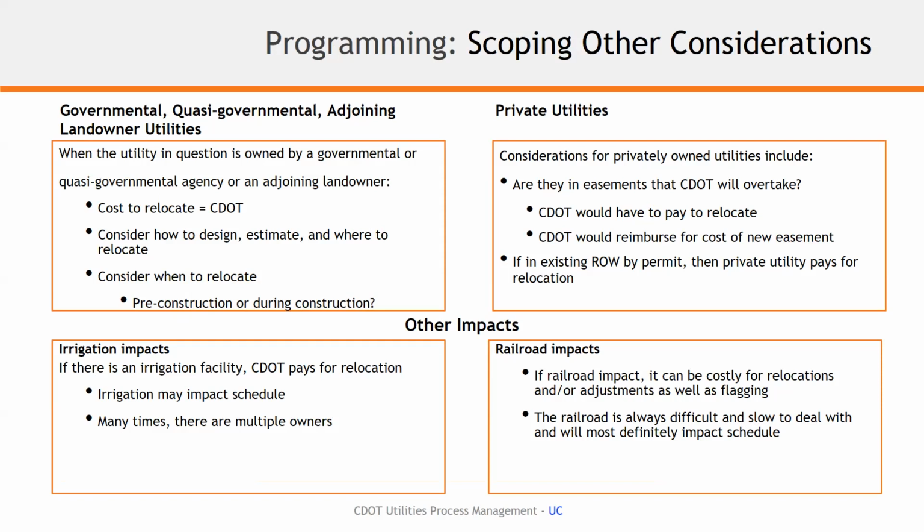And then when we move to the railroad, any railroad impacts can be costly for relocations, any adjustments, and then, of course, flagging, protection while our contractors are out on site, or surveyors, or anything that requires work within close proximity to the railroad tracks needs to be considered cost impacts as well for design and construction.